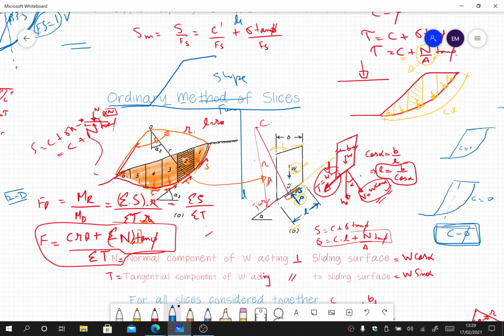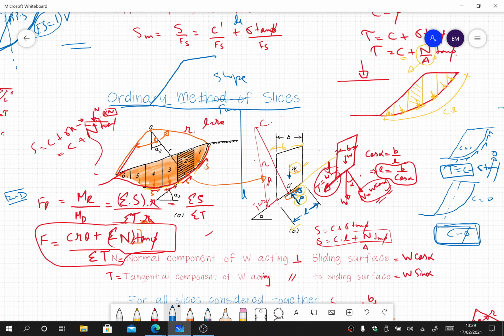If you remember, when we were discussing purely cohesive soil, the resisting strength was coming from the shear strength that acts in the direction opposite to the ground movement. It was tau equal to C plus sigma tan phi, but because phi was 0, this term was 0, and simply the shear strength was equal to the cohesion.